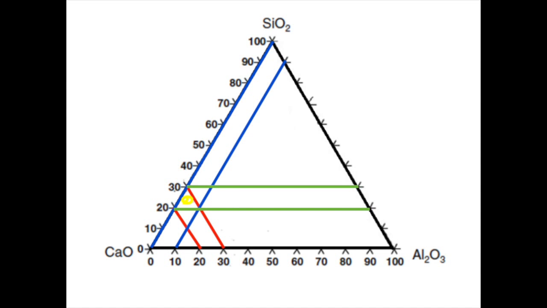So those are the blue lines that go through the triangle, and those green lines are the 70 to 80% that represent the calcium oxide. So as you can see, there's an intersection of all of those lines that is painted in yellow, and that's the region that the white clinker is sitting in.